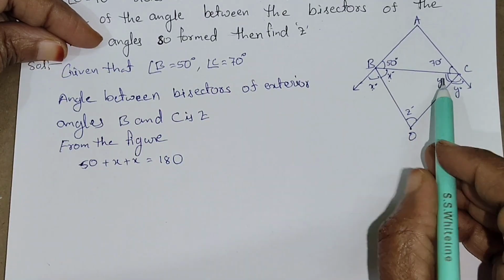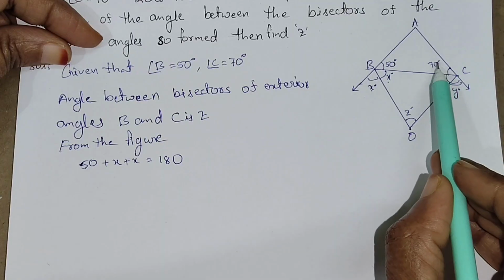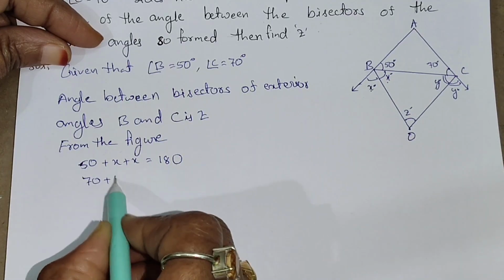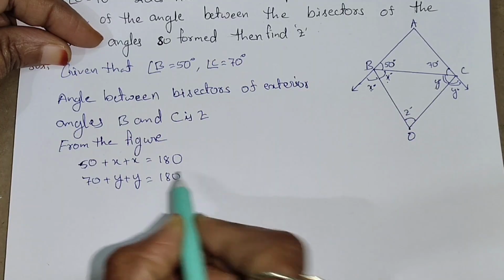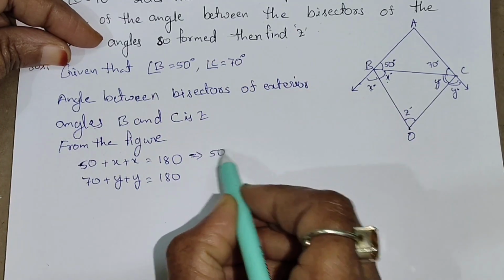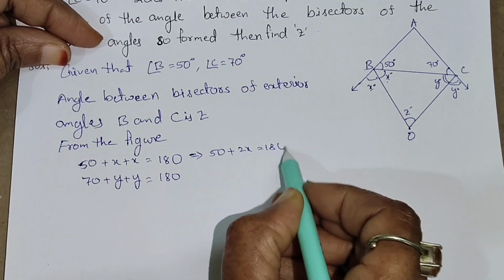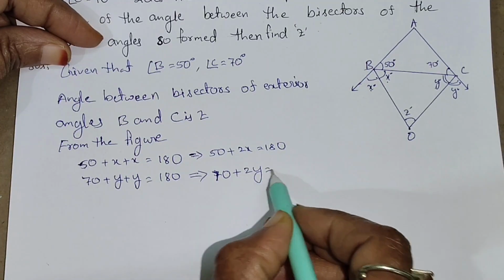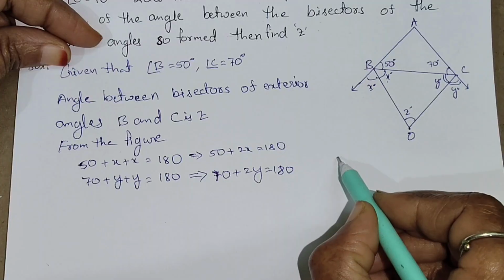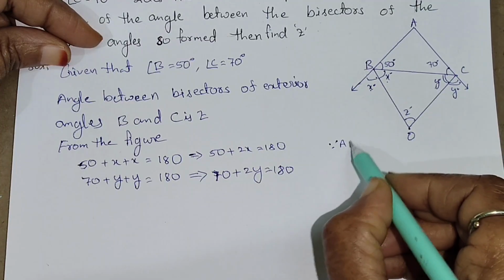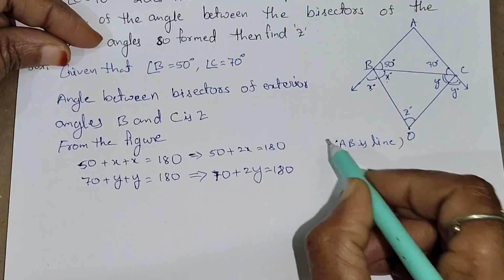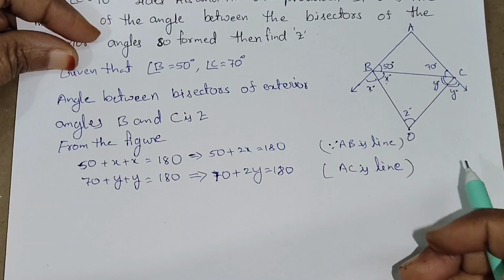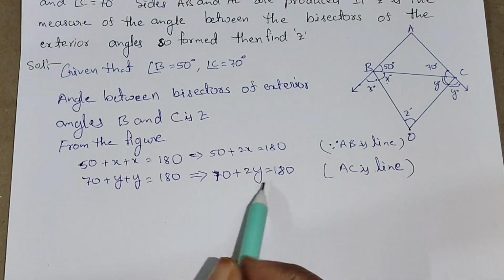Next, this is also the same: 70 plus y equals 180. This means 50 plus 2x equals 180, and this means 70 plus 2y equals 180, because AB is a line and AC is a line. So these two equal 180.